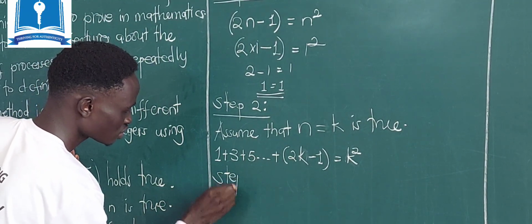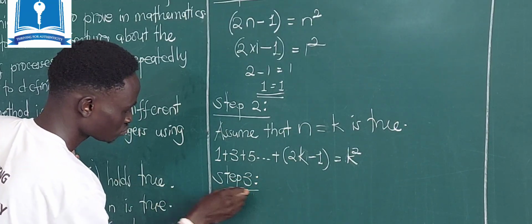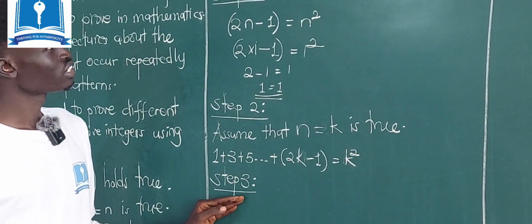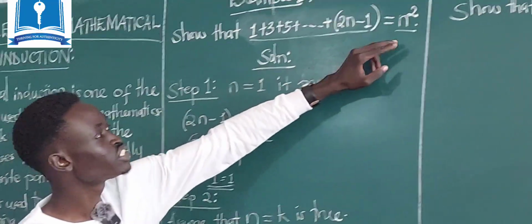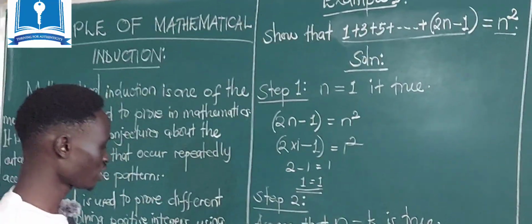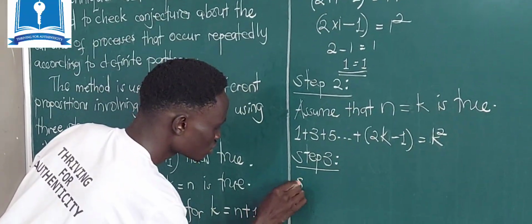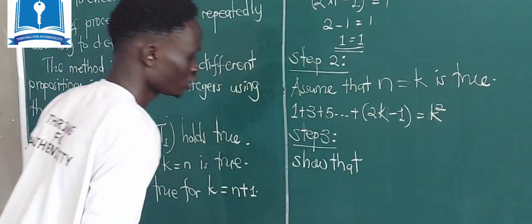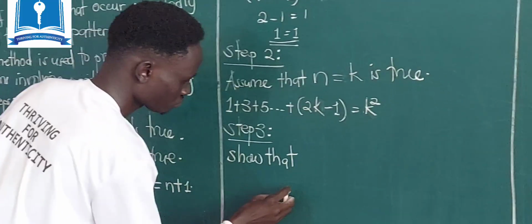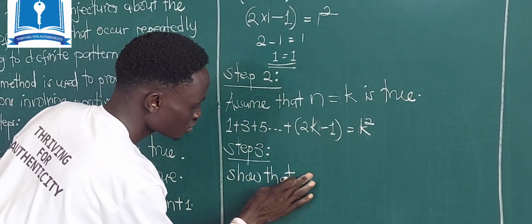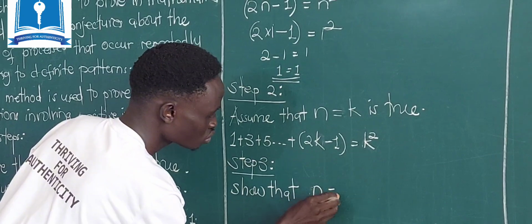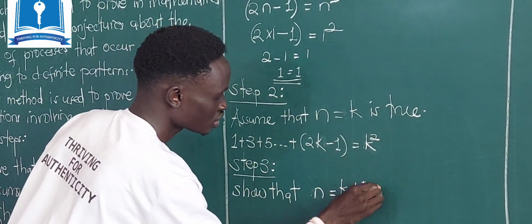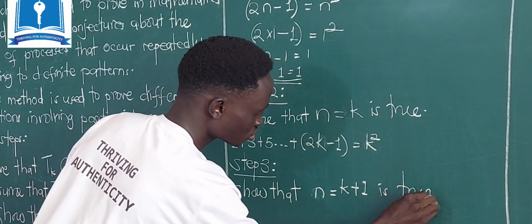In step 3, we are going to show that this statement is really true. So in step 3, show that n equals k plus 1 is true.